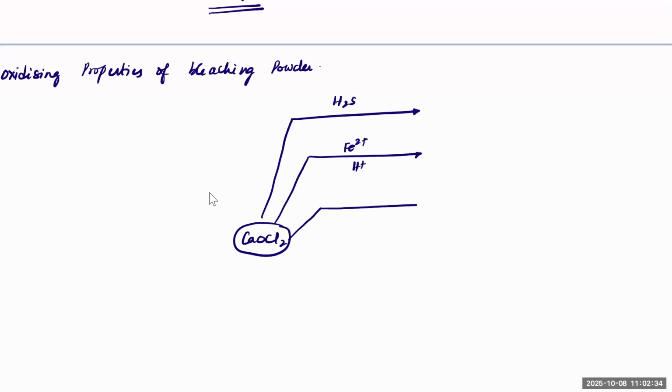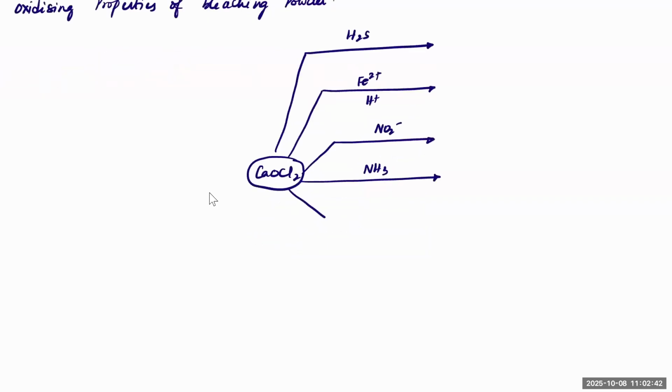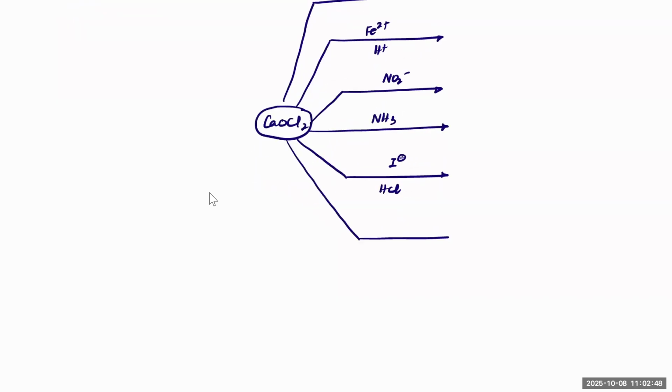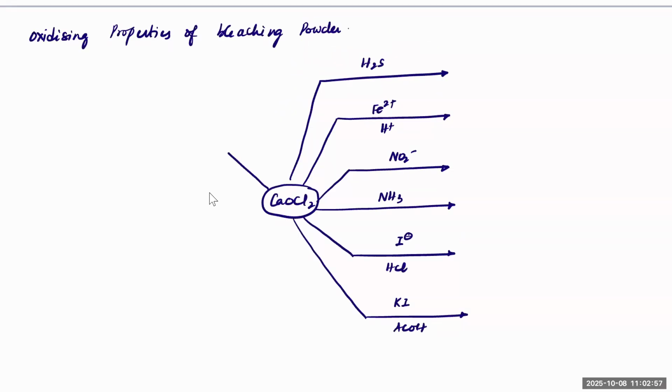If you react with NO2 minus, if you react with ammonia, if you react with I minus in the presence of HCl, clear. And if you react with KI in the presence of acid, CH3COOH, clear. And if you react with AsO3 3 minus, then what will happen?